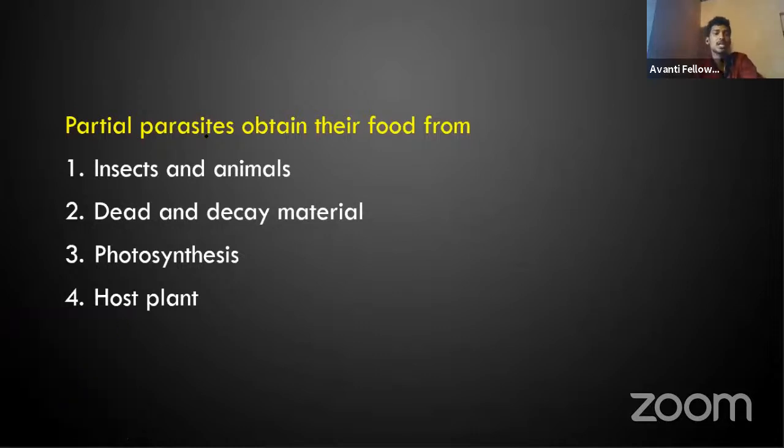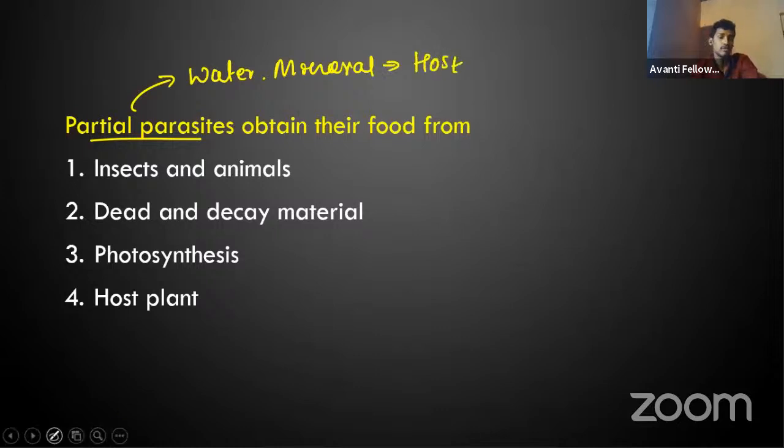We are asking about partial parasites and where they obtain their food from. So what is a partial parasite? A partial parasite is one which grows on other plants, and it takes water and minerals from the other plant, that means from the host. But what about the food?